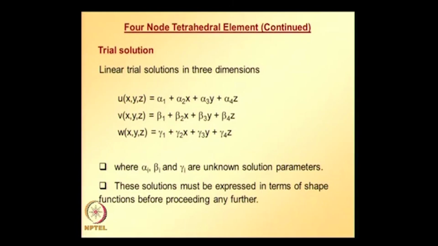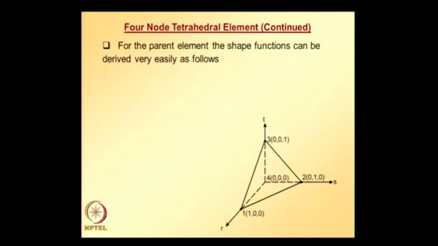further. So, what we will do is adopt a procedure that we are already familiar with. For the parent element, the shape functions can be derived very easily as follows.